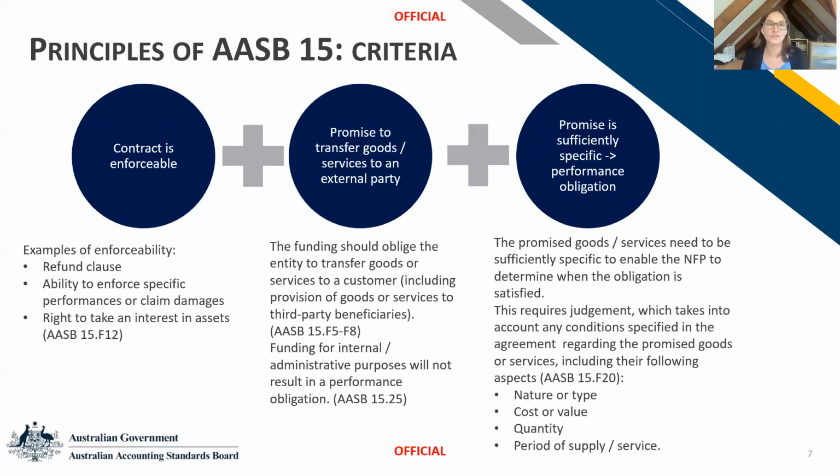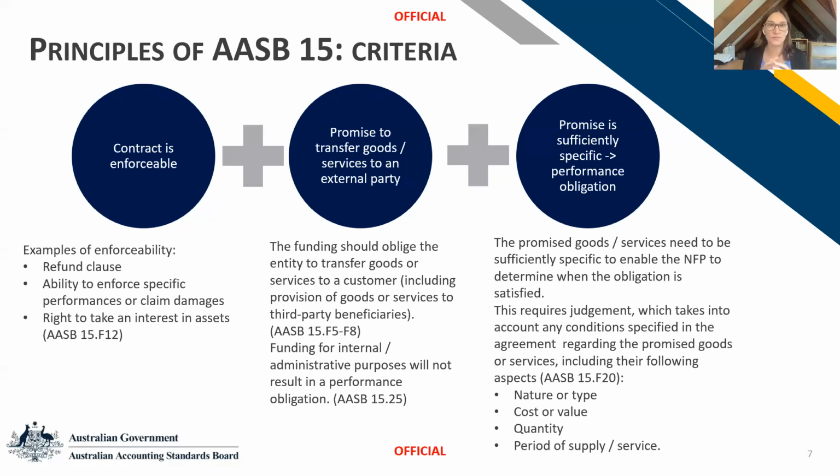So the first thing we have to think about is, is the contract enforceable? Now, what do we mean by enforceable is that does the fund provider have the ability to effectively slam their fist on the table and demand a refund, or demand that you do the work, or there's some other mechanism in place that means that there is something that you have to give back for them?